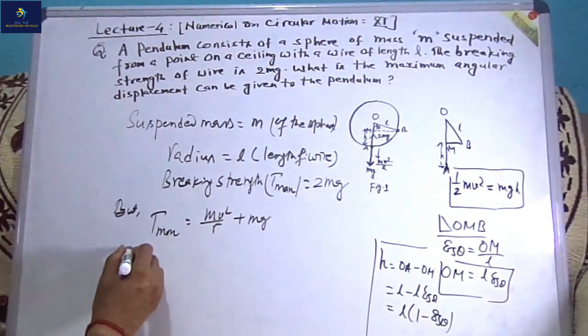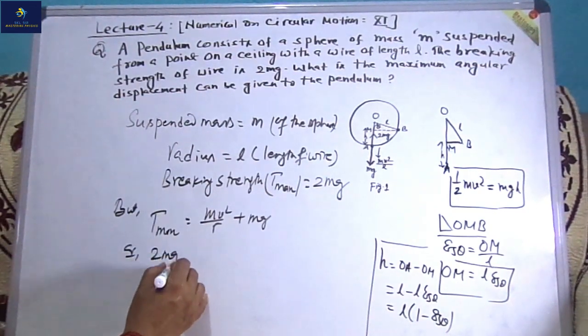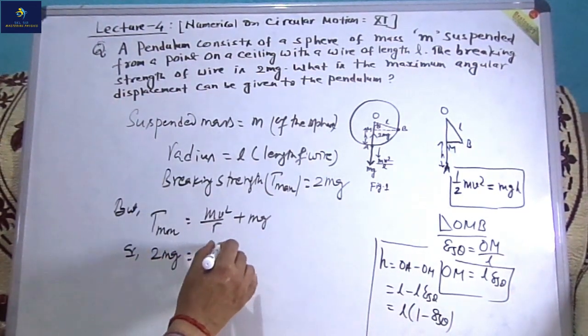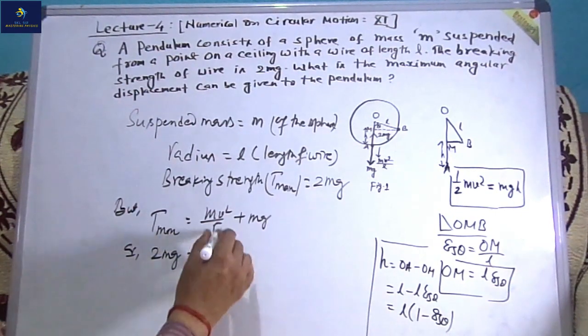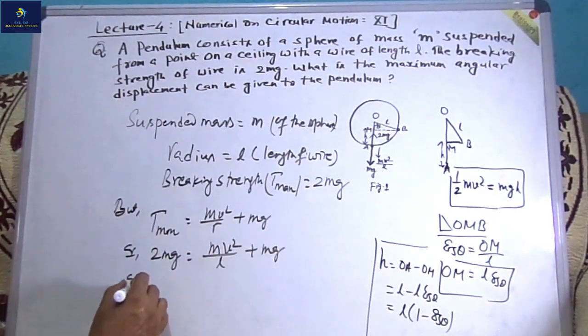And this T max is given in the question, which is equal to 2 mg, equal to mv square by r, and r is actually L, plus mg.